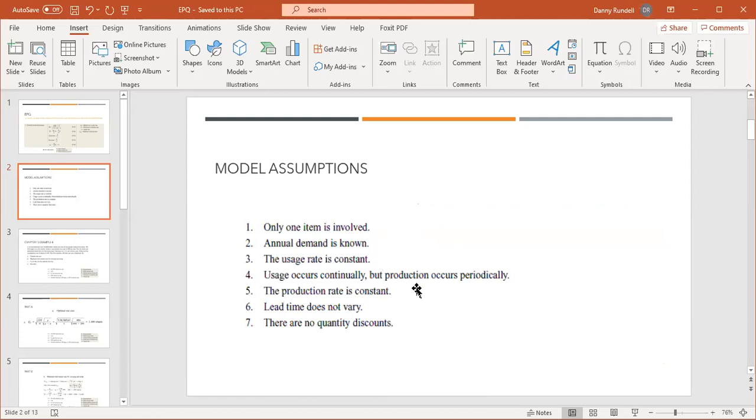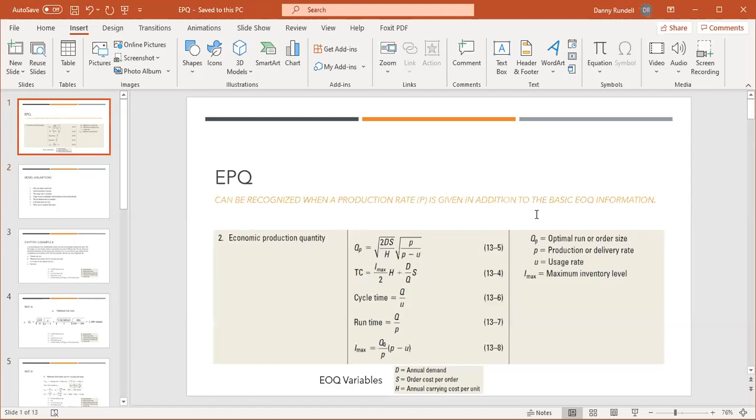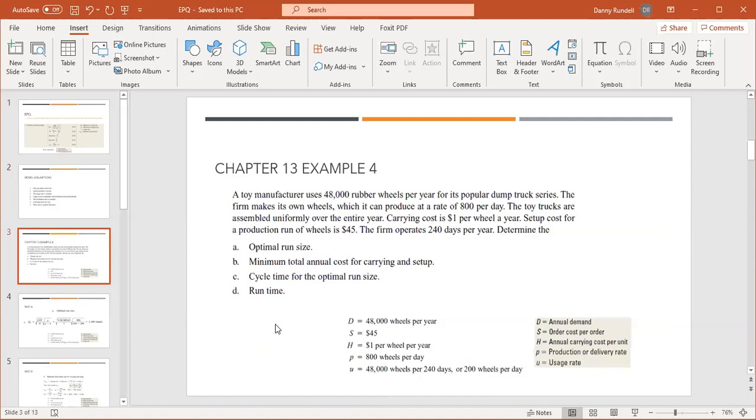And that it occurs continually, but production only happens every once in a while or periodically. At any rate, one of the main takeaways from all this is to look for when a production rate is being given.